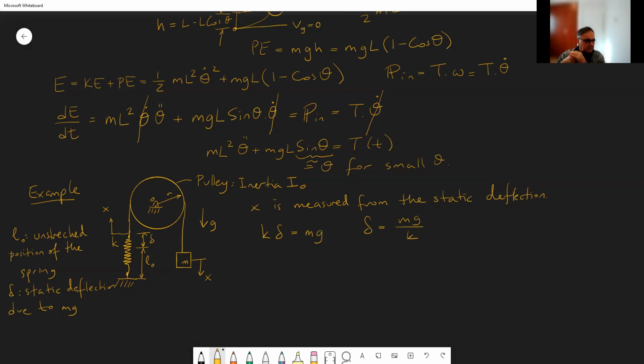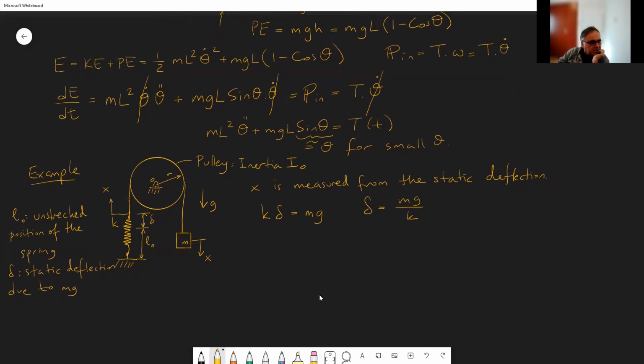Now we want to find the equation of motion for this. One thing you have to take care of is that you have to draw the free body diagrams for Newton's method, and for the free body diagrams, you have to define the displacements.